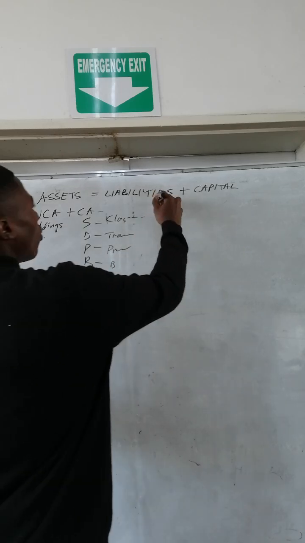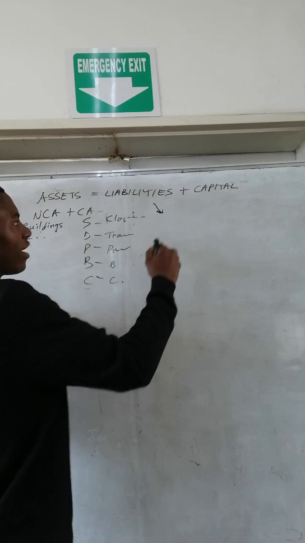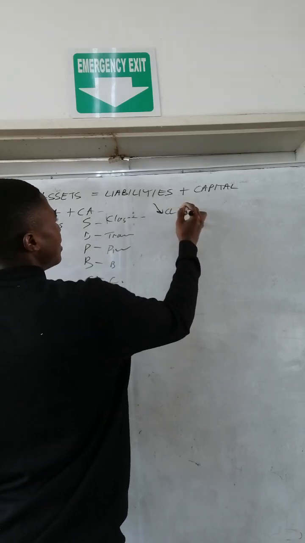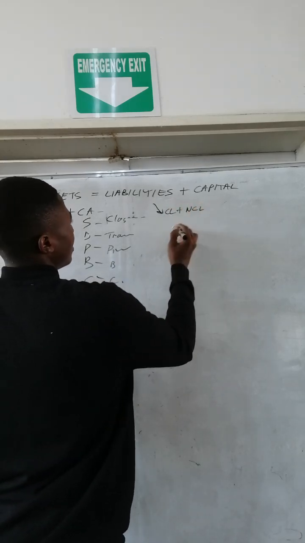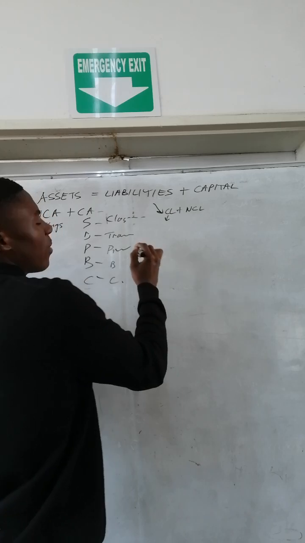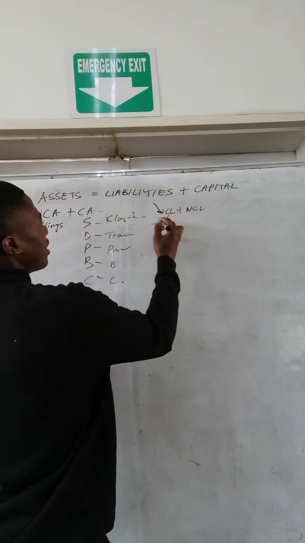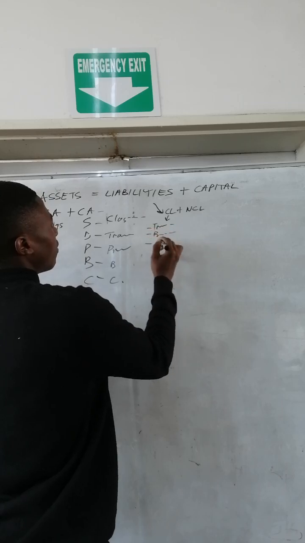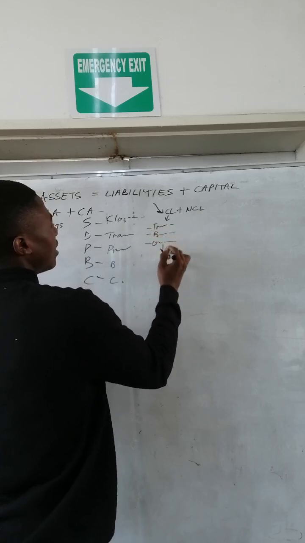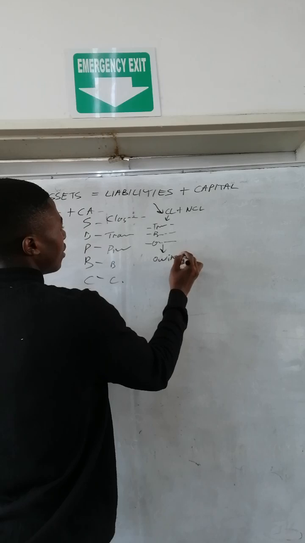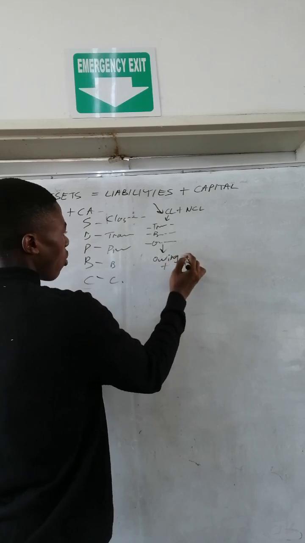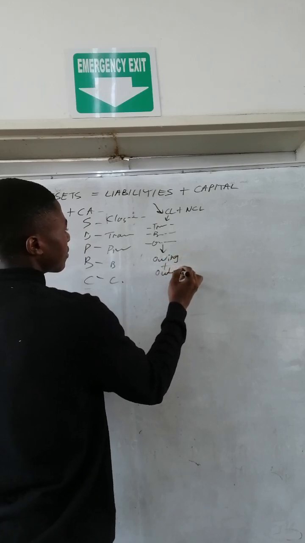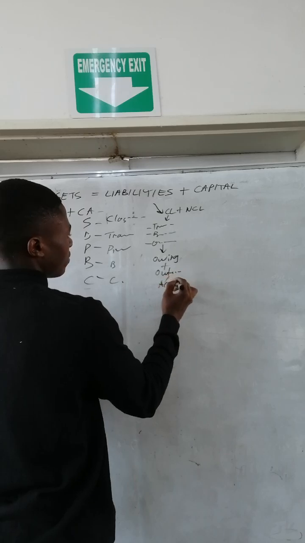So we have trade receivables, prepayments, bank, cash. But on the side of liabilities, we have current liabilities plus non-current liabilities. On current liabilities, we have trade payables, bank overdrafts, and other payables, that is owing, outstanding or accrual.